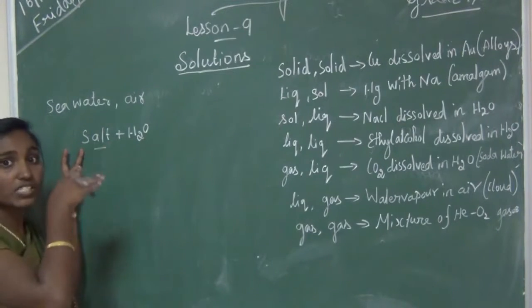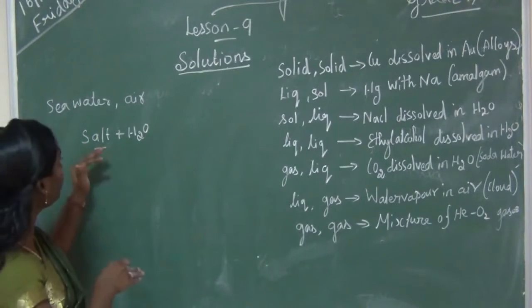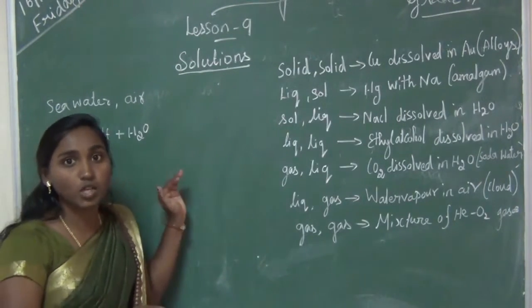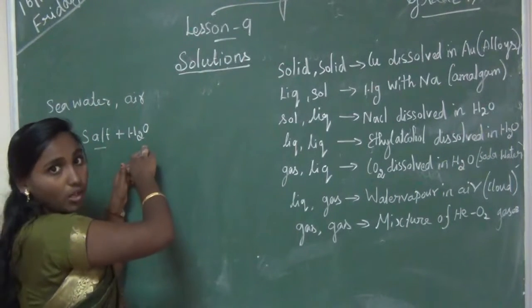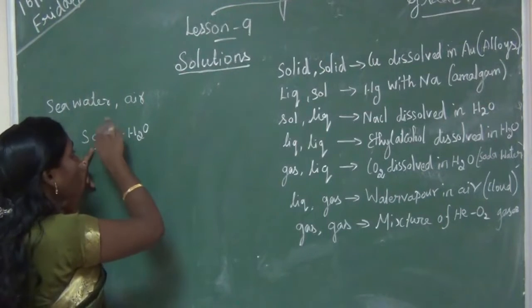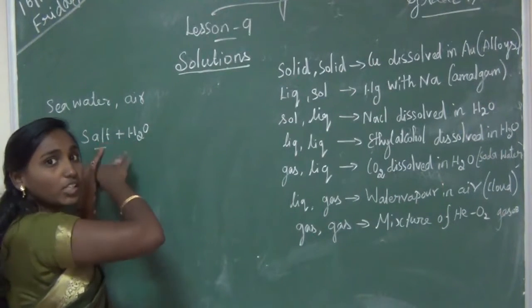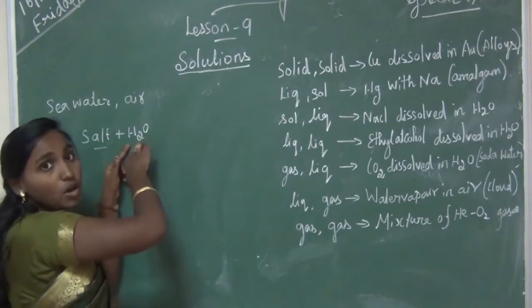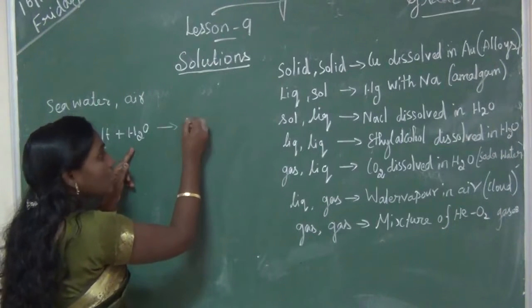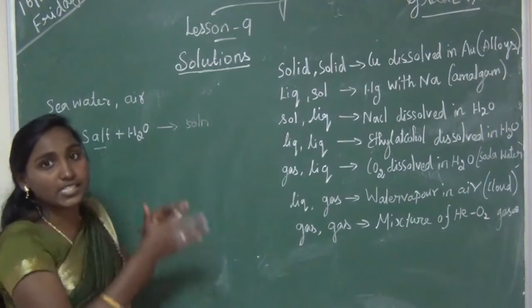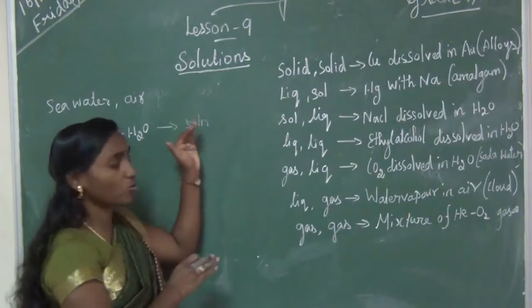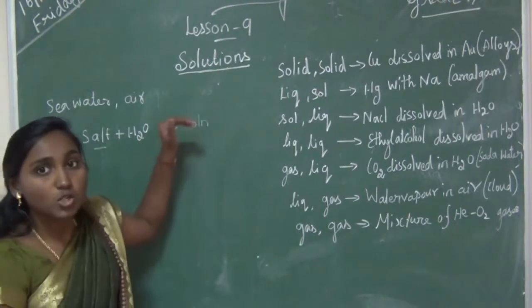The component present in lesser amount by weight is called the solute. Then there is the solvent. When we mix salt and water, the salt uniformly distributes in the water to form salt water, which is called a solution. It is a homogeneous mixture.